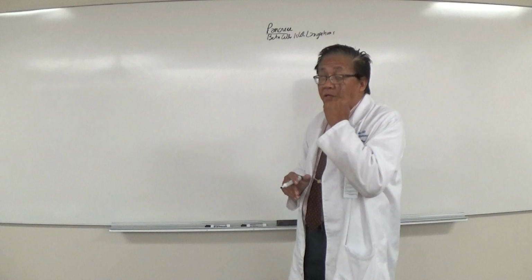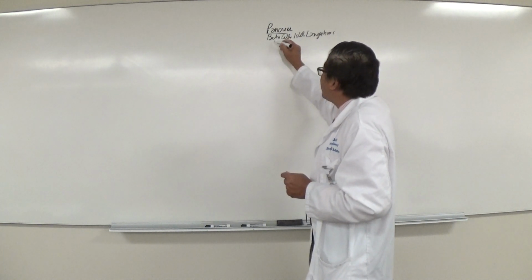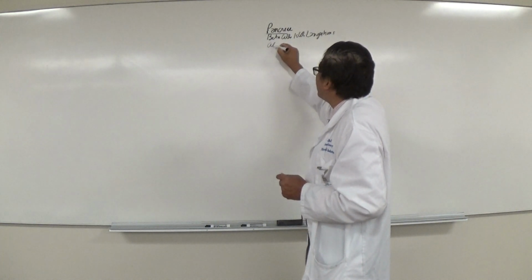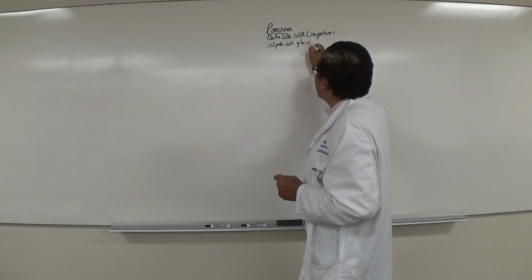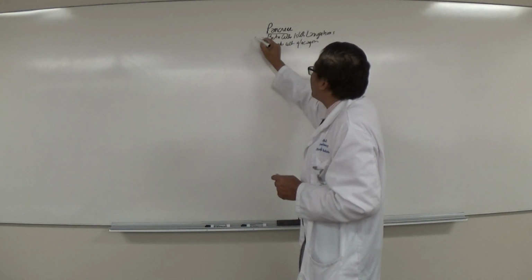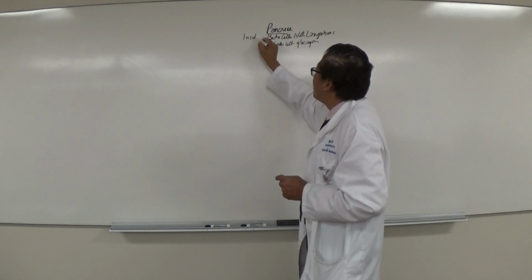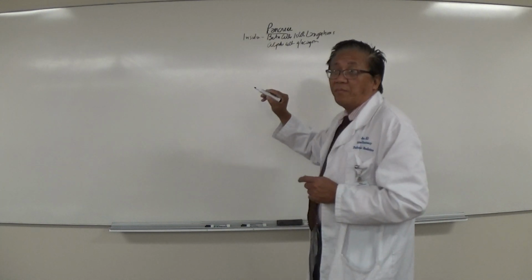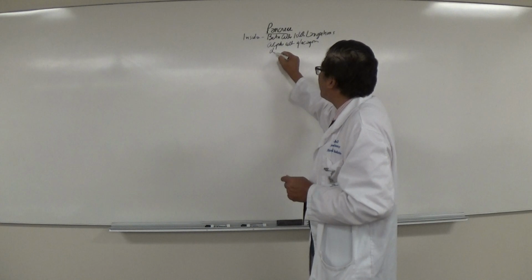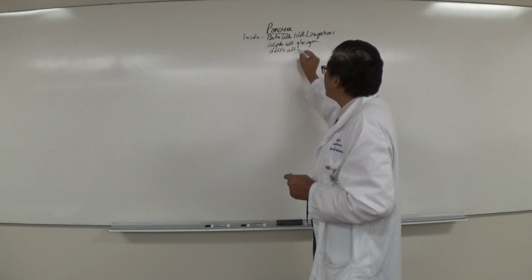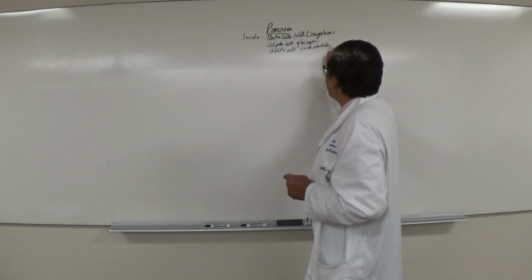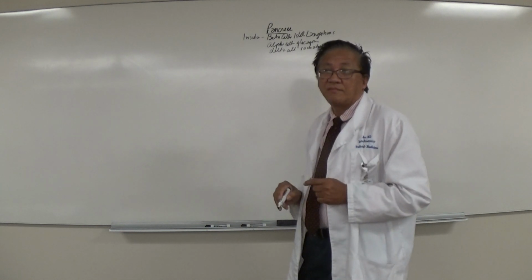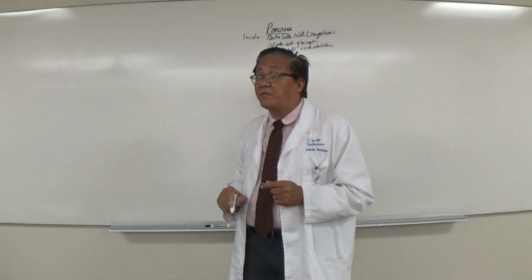Okay. The alpha cell, what does the alpha cell secrete? Okay, glucagon. What about the beta cell? What is the hormone? Okay, what about the delta cells? Somatostatin. Is there any other cell? Do you know of any other cell that is found in the pancreas?